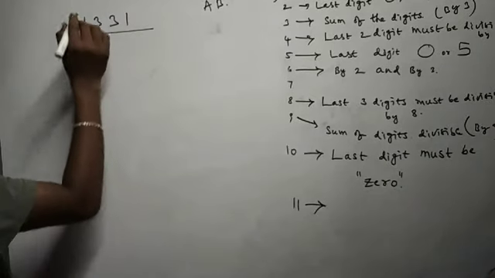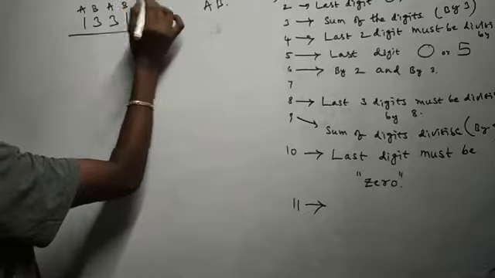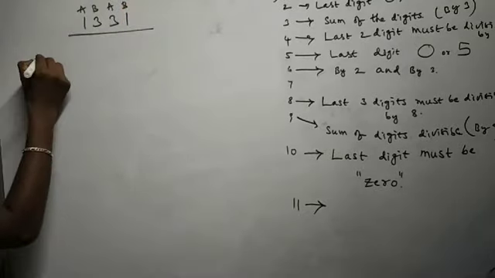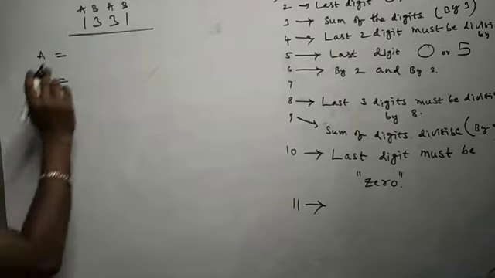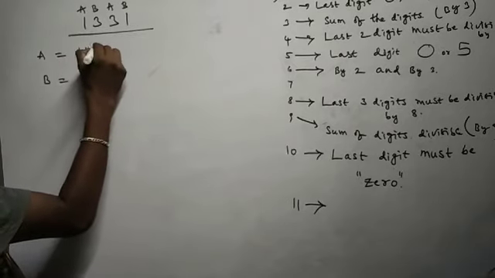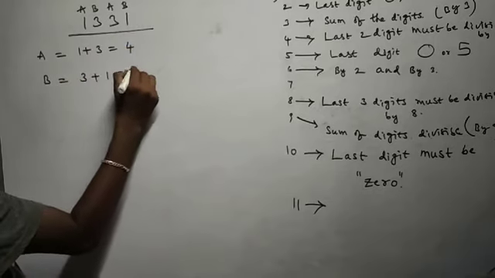Let's write the alphabets for the digits: A, B, A, B. Now what to do? Add all the digits of A, add all the digits of B. A digits 1 plus 3, answer 4, and B digits 3 plus 1, answer 4.